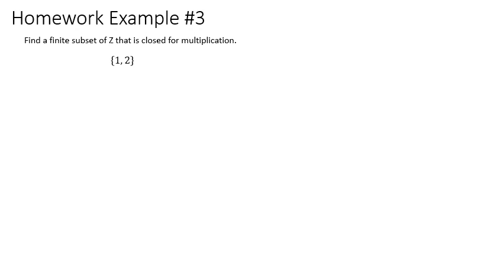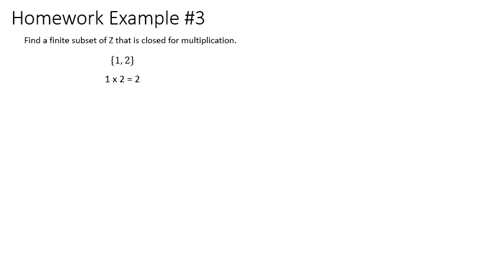Now, closed for multiplication means I can take any elements out of this subset, I can multiply them together, and the answer is going to be in this subset. So I can say 1 times 2, the answer is 2. And since 2 is in this subset, that works. That's great.